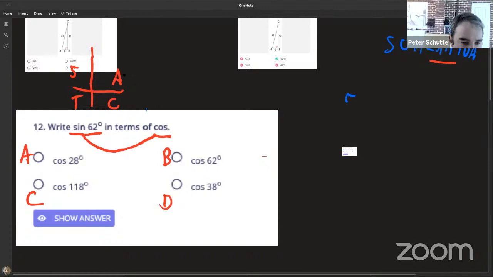Okay, so I see some answers coming through. I'll give you a little bit more time. Okay. So this is what you always do. The sine of 62 is in quadrant number 1. Okay, 62 is in this angle.